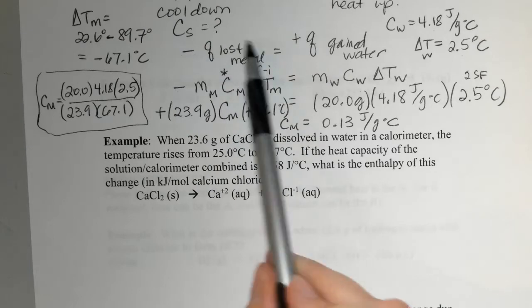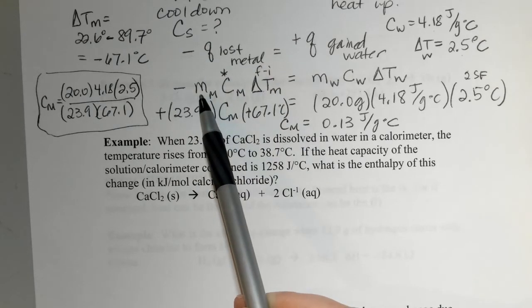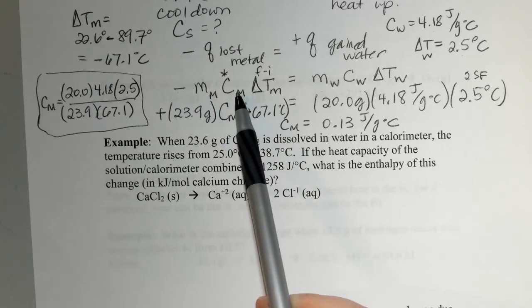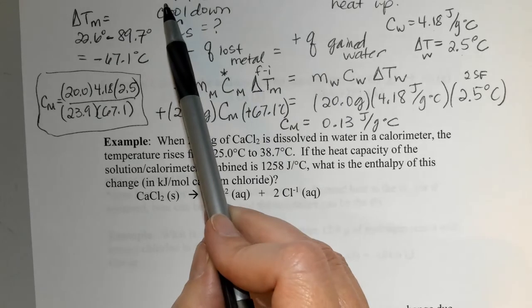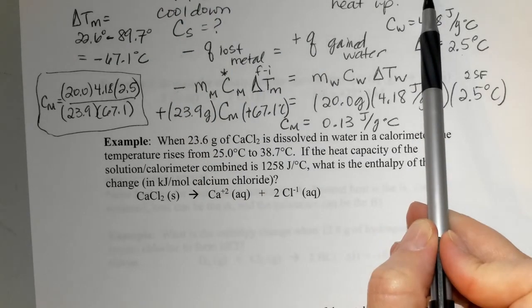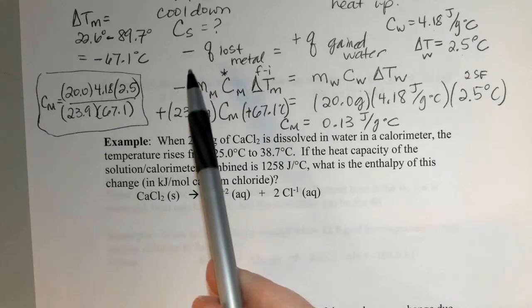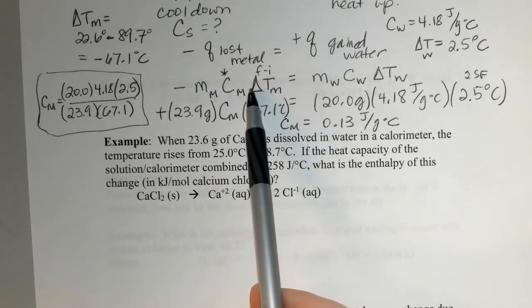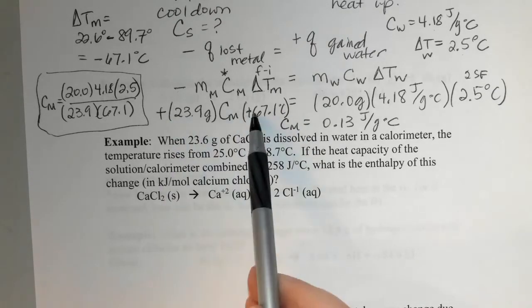Now that heat is also equal to mc delta T, where m is the mass of the metal. The heat capacity is what we're solving for. And the change in temperature of the metal is, again, it started at 89.7, it went down to that equilibrated temperature of 22.6, so it went down 67.1 degrees Celsius. All right, so the heat lost is negative because the change in temperature is negative. So those two negatives cancel out, so the two negatives become the positive.